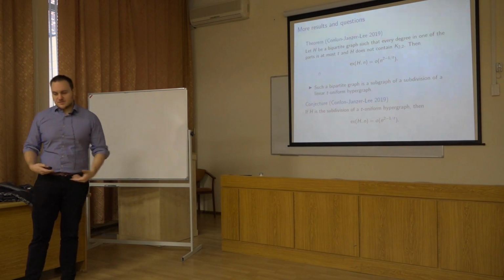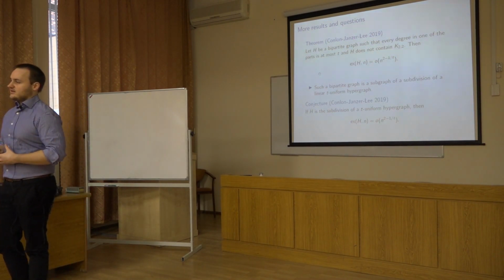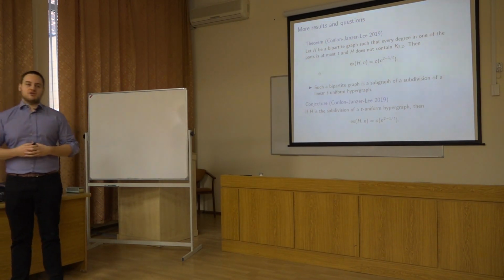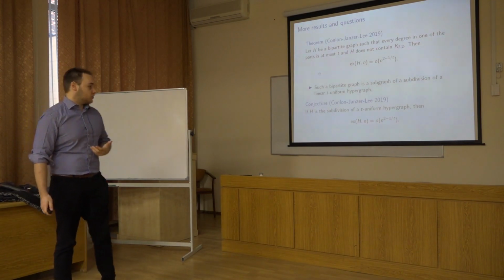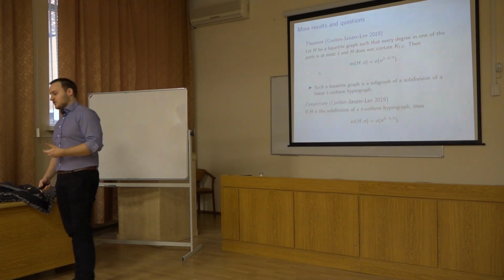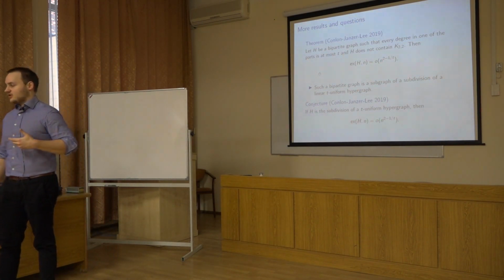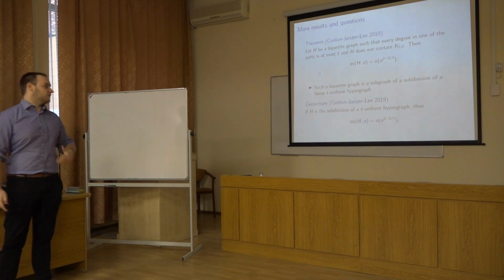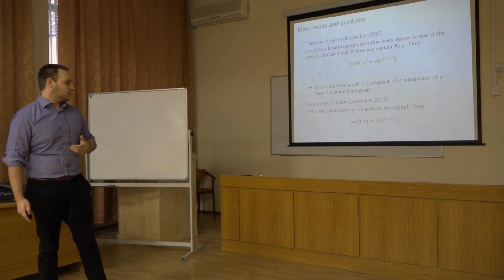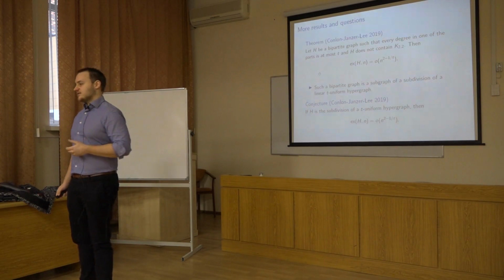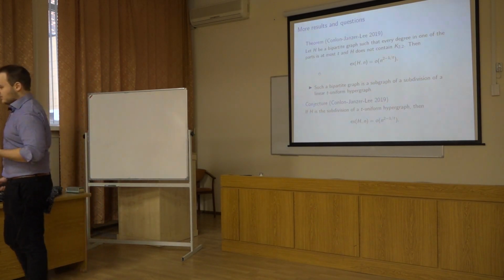And because it seems that this question is really hard, they proposed a relaxation of the original conjecture: if we look at a subdivision of any t-uniform hypergraph, then we also get this little o improvement.